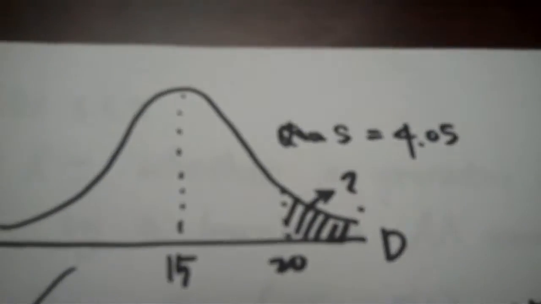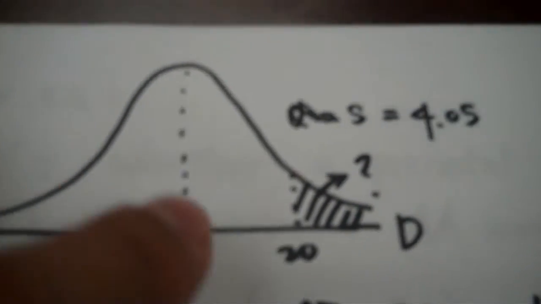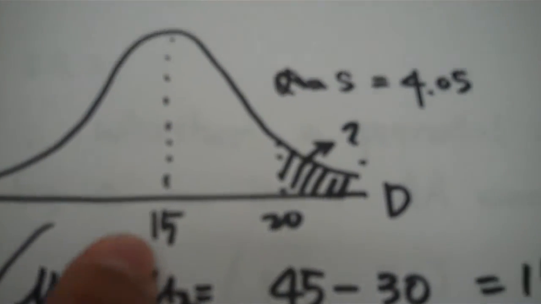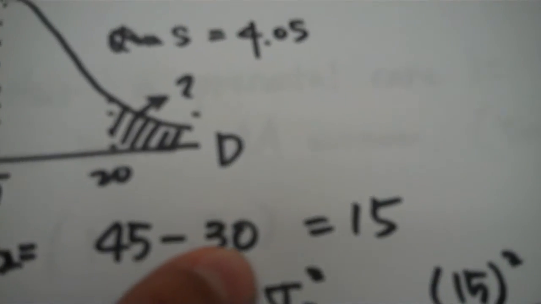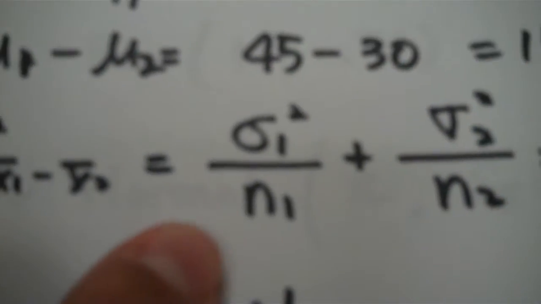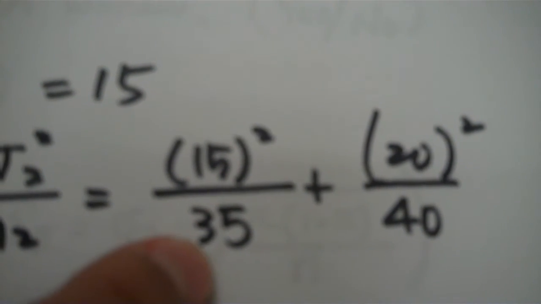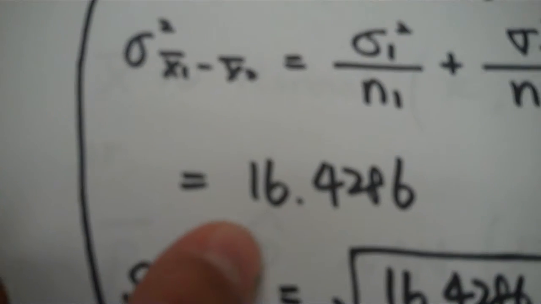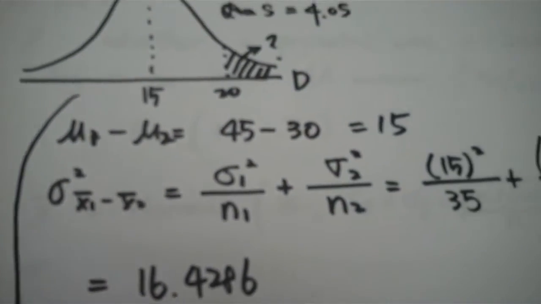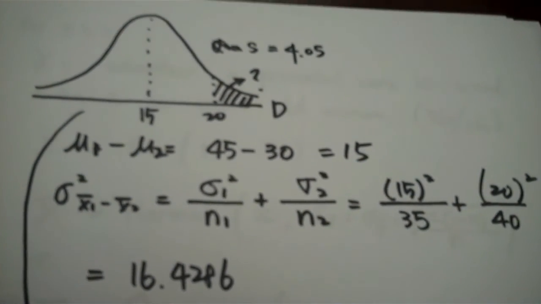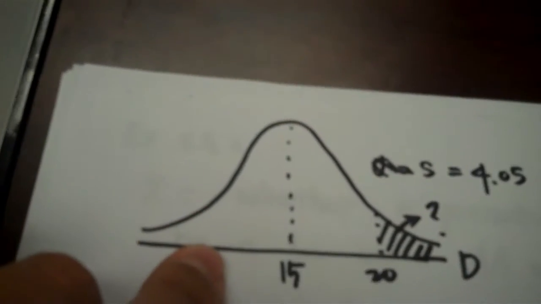Okay, so if we draw that as a graph, the difference has mean equal to 15 because 45 minus 30 is 15, right? And for the standard deviation, I just put the numbers into the formula, and that will give you 16.4286.